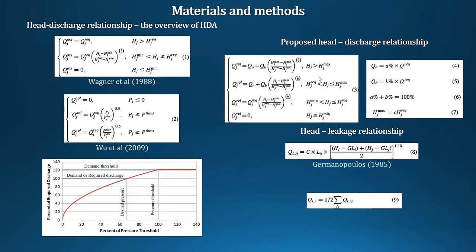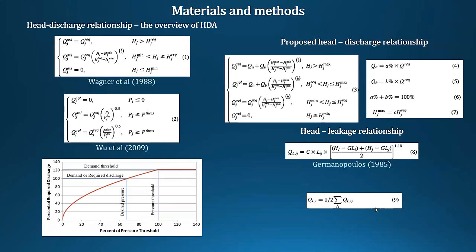The first condition is when we have values lower than the minimum value, which provides no discharge. Then between the minimum and the required, and between the required and the maximum discharge.